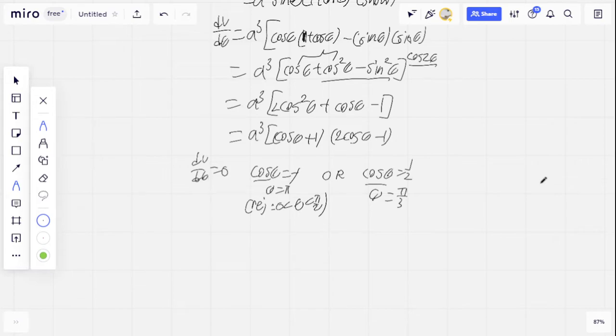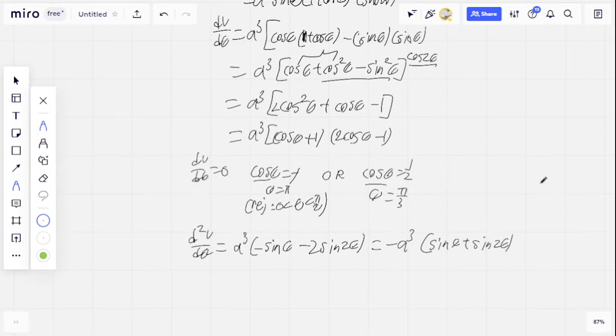If you want to verify this, either you use the second derivative test or you use the sign test. I'm going to use the second derivative test, but instead of using cosine squared theta, I'll use cosine theta plus cosine 2 theta to give me a cubed times minus sine theta minus 2 sine 2 theta. This simply gives me minus a cubed times sine theta plus sine 2 theta.